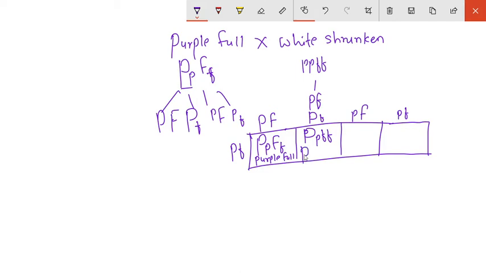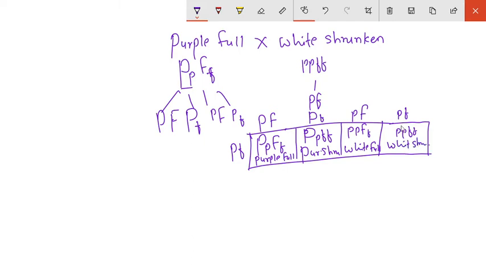So it is purple and shrunken. Okay. Then small p, capital F, small f. That means it is white and full. Okay. And small p, small f, small f. It is white and shrunken.